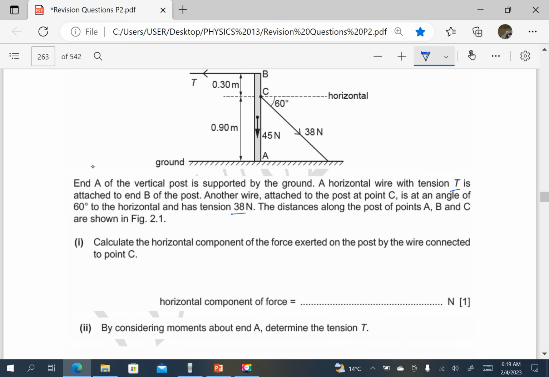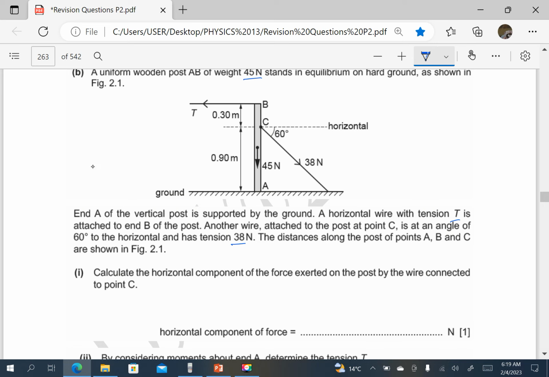Calculate the horizontal component of the force exerted on the post by the wire connected to point C. So this is the wire connected to point C. We want the horizontal component. That means we are going to resolve 38 newtons to the horizontal. To the horizontal, this is adjacent, and the 38 newtons is the hypotenuse. If you are still not very comfortable with resolving, draw a right-angled triangle and use the horizontal as adjacent, that would be cos.